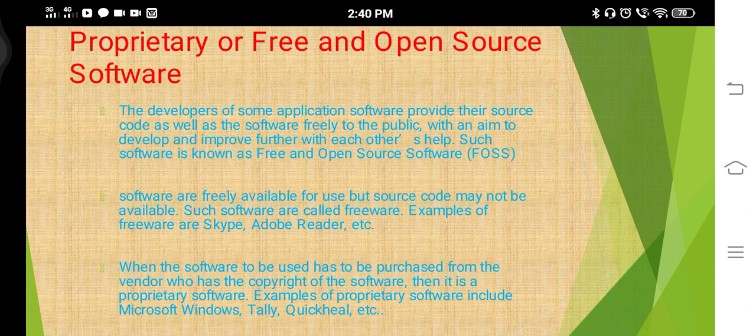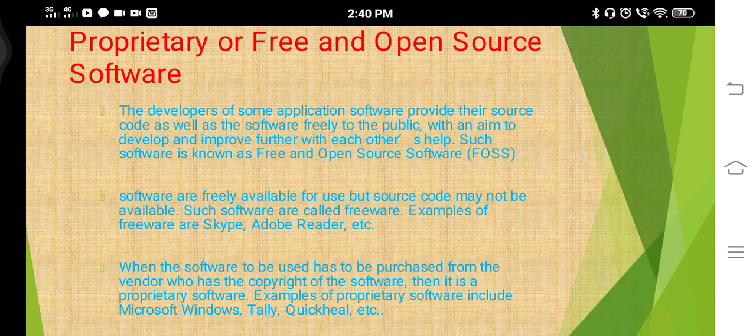For example, Ubuntu is an operating system whose code is freely accessible by us. Other examples are Python, LibreOffice Base, OpenOffice. These are all free and open source software.